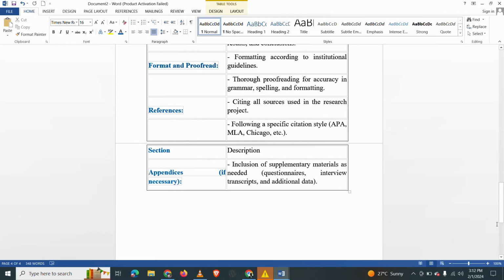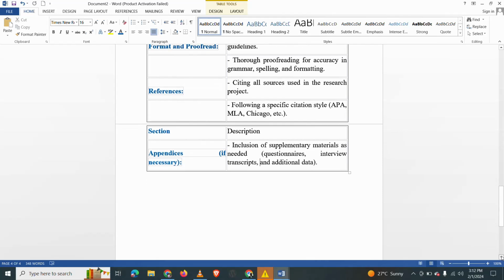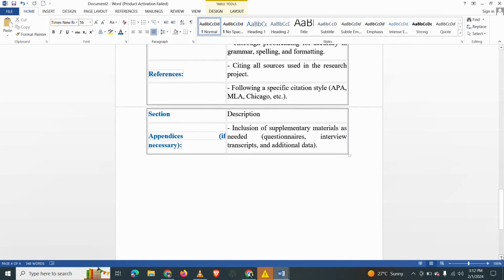So then we have the appendices. This one, if necessary, supplementary materials such as questionnaires, interview transcripts, or additional data are included in the appendices as needed.